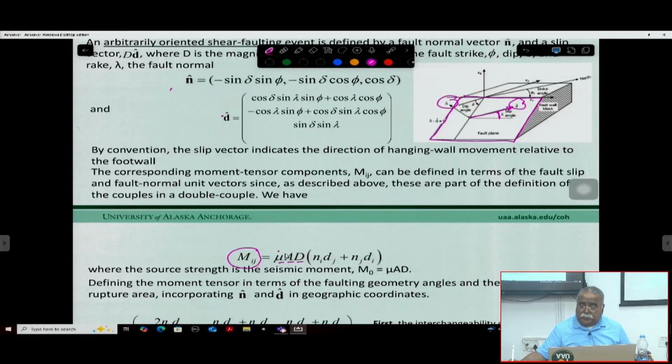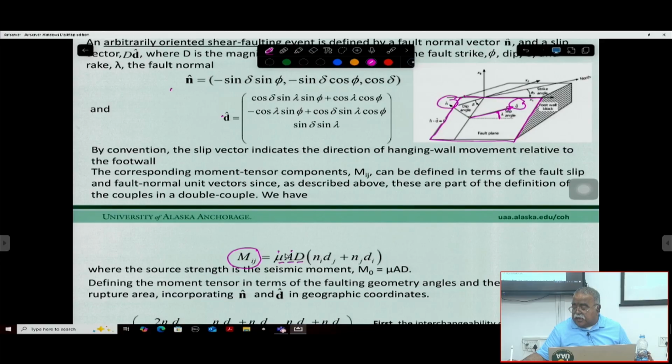Okay, so now Mij is basically equal to mu A into D, which you have already learned. What is mu?